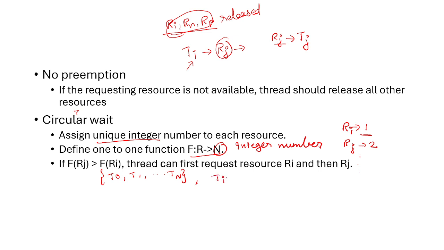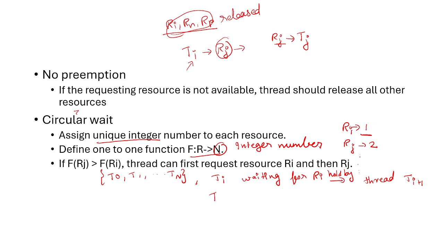Ti is waiting for resource Ri, but the resource Ri is already held by the thread Ti plus 1. So this is the first condition: Ti is waiting for resource Ri, but Ri is already held by Ti plus 1.